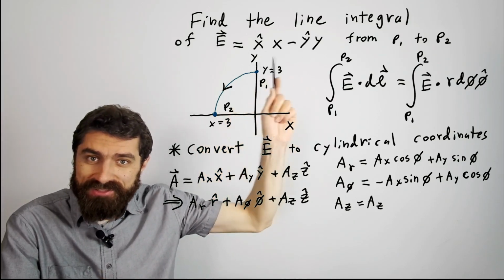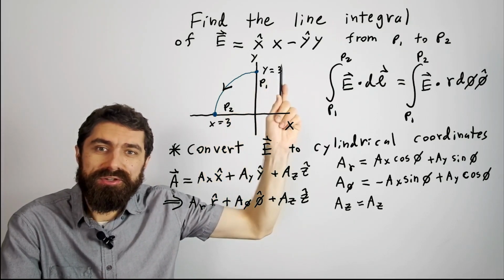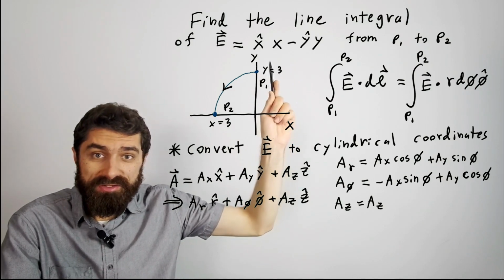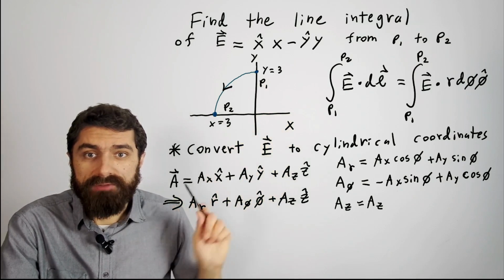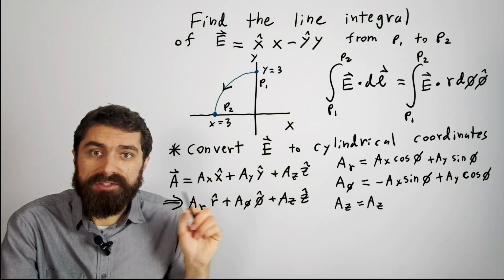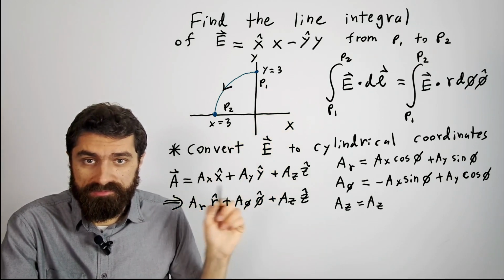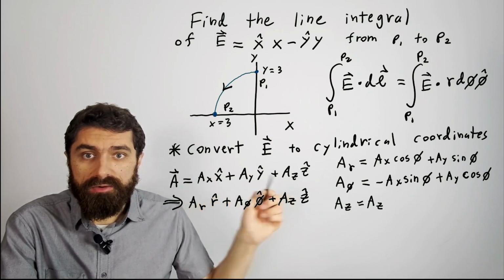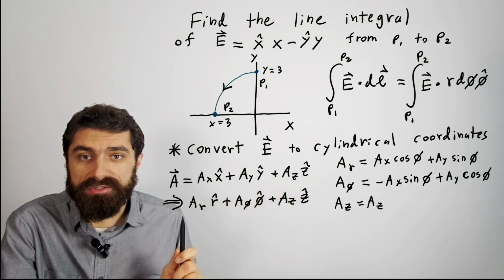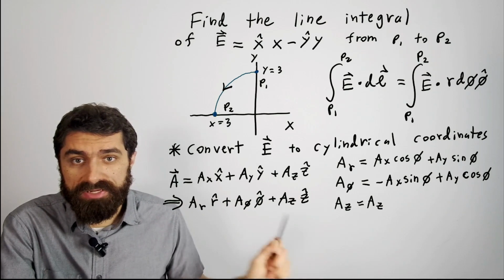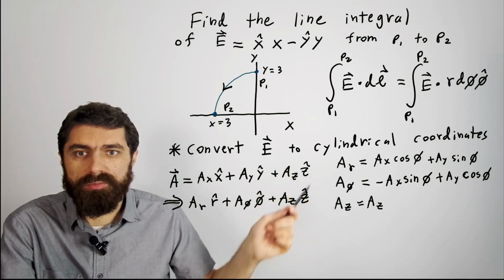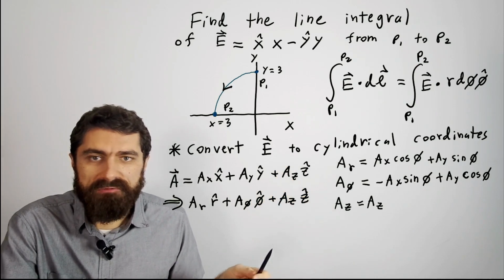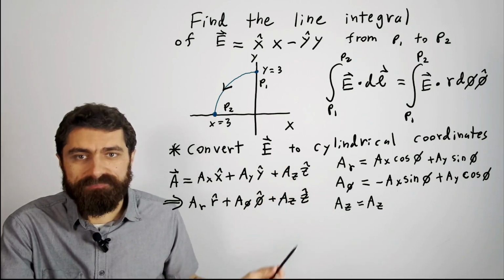Because we are working in the cylindrical coordinate system, we are going to have to convert our electric field expression, which is in a Cartesian coordinate system, to a cylindrical coordinate system. So in general, if we have a vector A here in Cartesian form, and we want to convert it into a cylindrical form like this, we can use the following formulas here, and these are available in any standard vector calculus text.